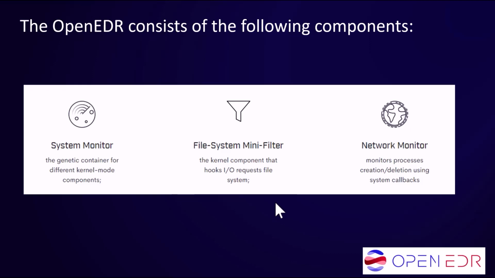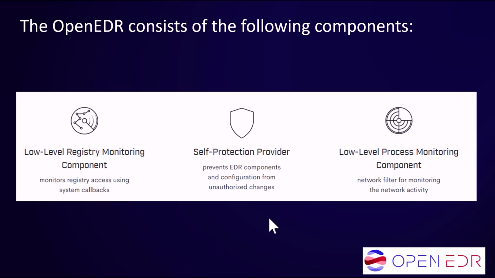It has a network monitor, which monitors process creation and deletion using system callbacks. It has a low-level registry monitoring component, which monitors registry access using system callbacks. It has a self-protection provider, which prevents EDR components and configuration from unauthorized changes, and it has a low-level process monitoring component and a network filter for monitoring the network activities.